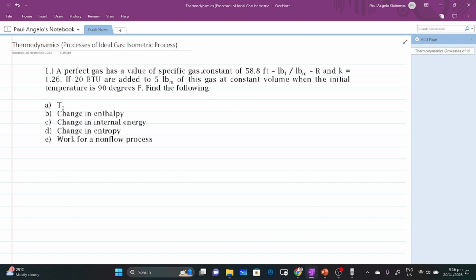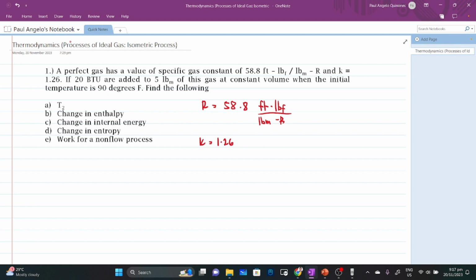So we have a specific gas constant. The specific gas constant is denoted by R, which is 58.8 foot-pound force per pound mass Rankine. And then we are given the specific heat ratio, which is K, 1.26.